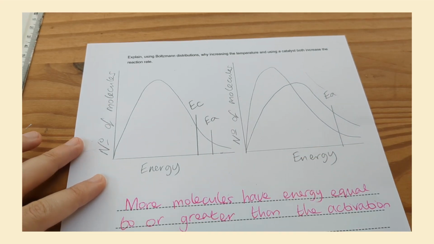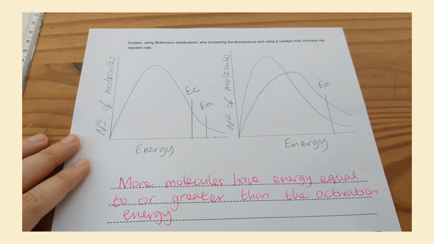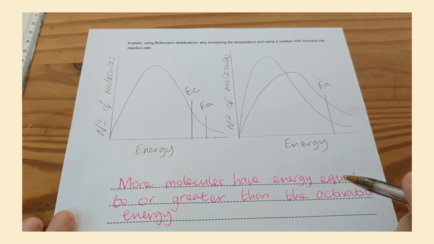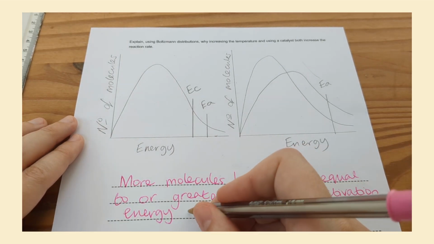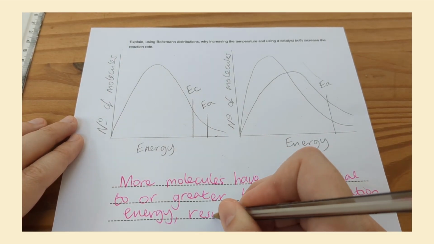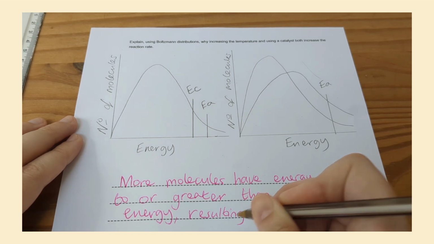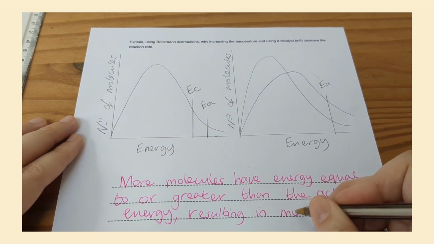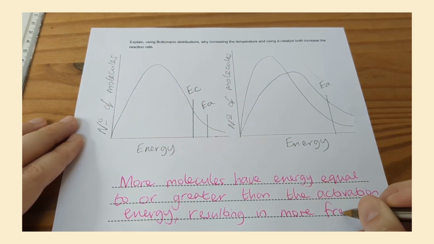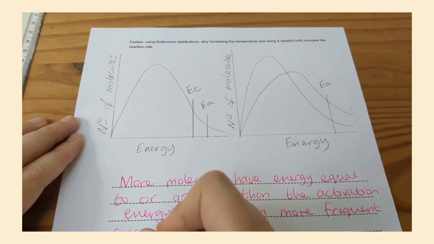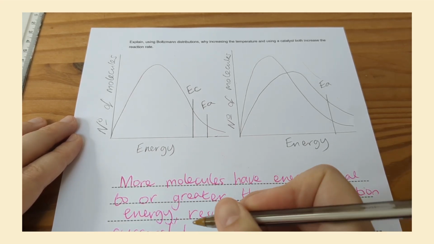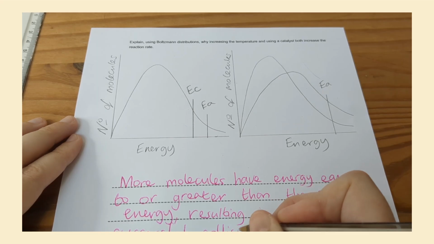And that by itself might even get us the mark, but I'll just add this next bit on because sometimes they want a little bit more. And this results in more frequent collisions. And let's go with successful collisions because they're the ones that result in a reaction.